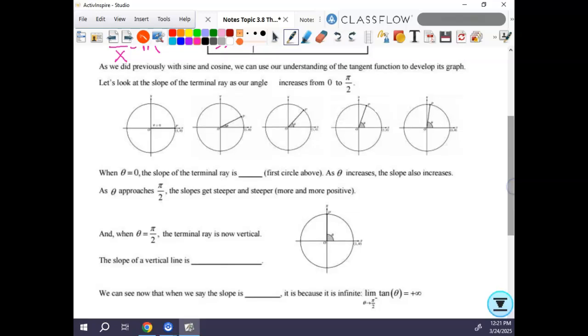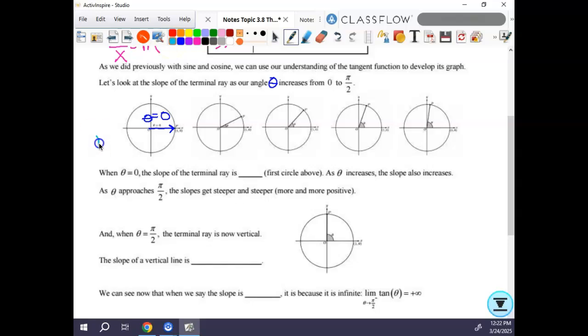So we are going to develop the graph. It says, let's look at the slope of the terminal ray as our angle theta increases from 0 to pi halves. So this theta disappeared, so put a theta back in there. All right, so here my angle is 0, theta equals 0.